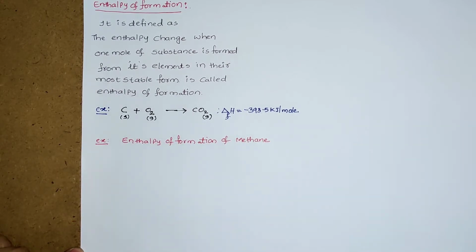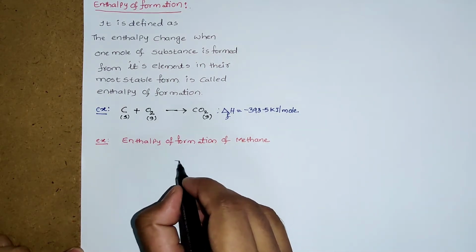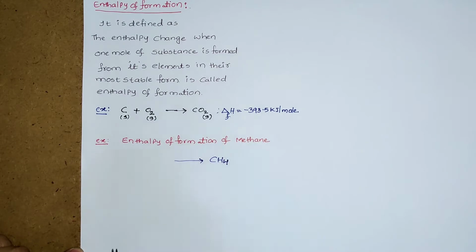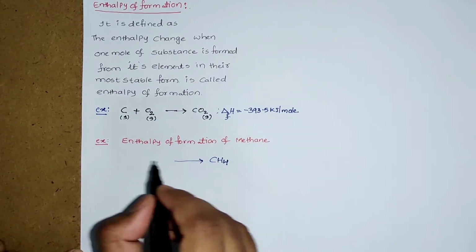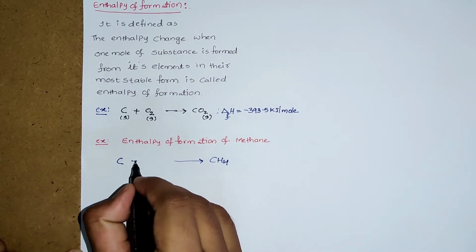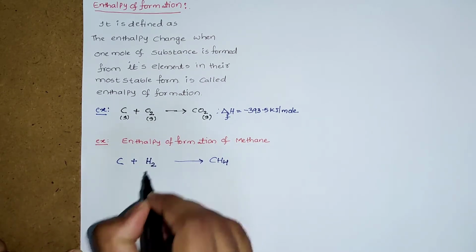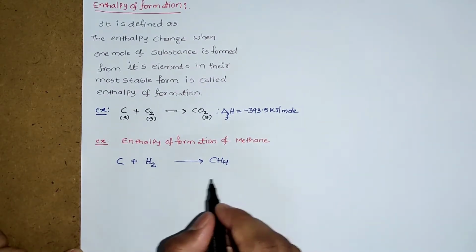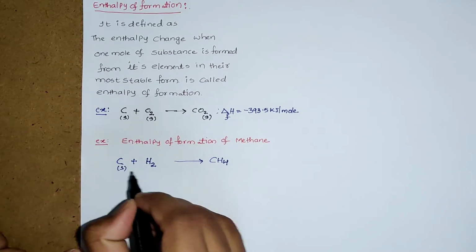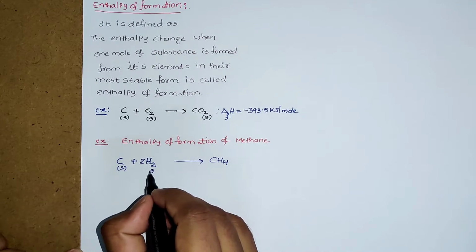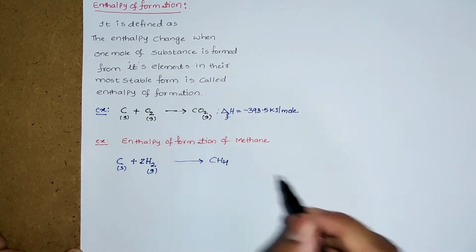So 1 mole of methane, CH4, is the product. For this one, what are the most stable form elements needed? One is carbon and another one is hydrogen. What is the most stable form of hydrogen? H2. So carbon solid, 4 hydrogens are there, so we need to multiply H2 with 2. C solid plus 2H2 gas gives rise to CH4.